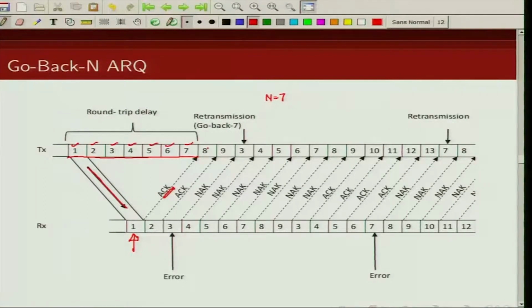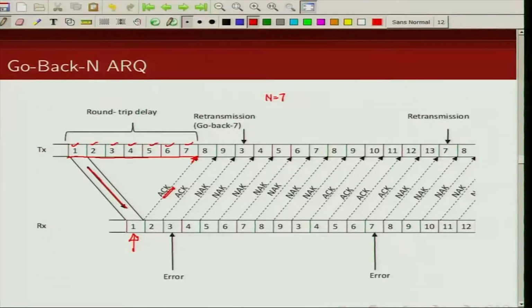There is a delay in receiving this positive acknowledgement, so at this particular time instance the transmitter receives a positive acknowledgement about frame number 1. Remember I said we are sending a block of n frames. We are going to send frame n plus 1 only when we get the acknowledgement about frame number 1.